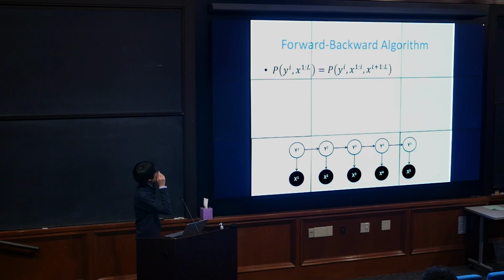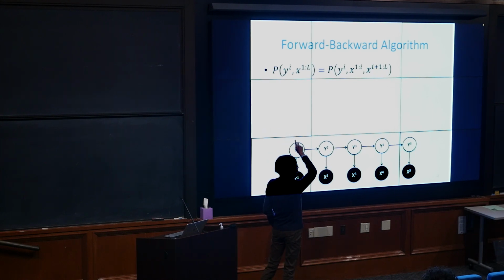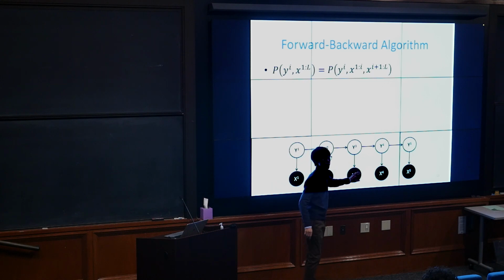Okay, then what we're going to do, and you might notice this from the Viterbi algorithm, is take this joint distribution of Y_i and X, and then split up X, right? You can see how conditioning on the entire input sequence is the same exact thing as being joint with two pieces of that same sequence, right?